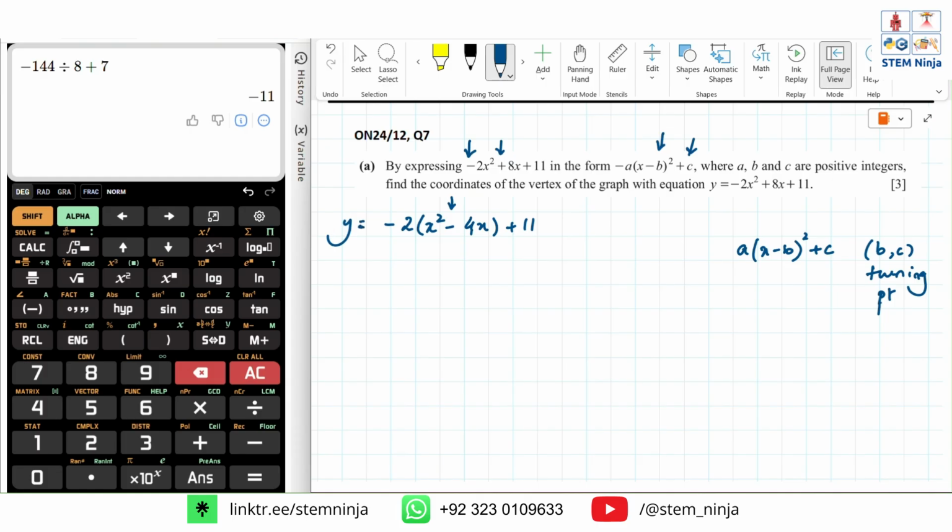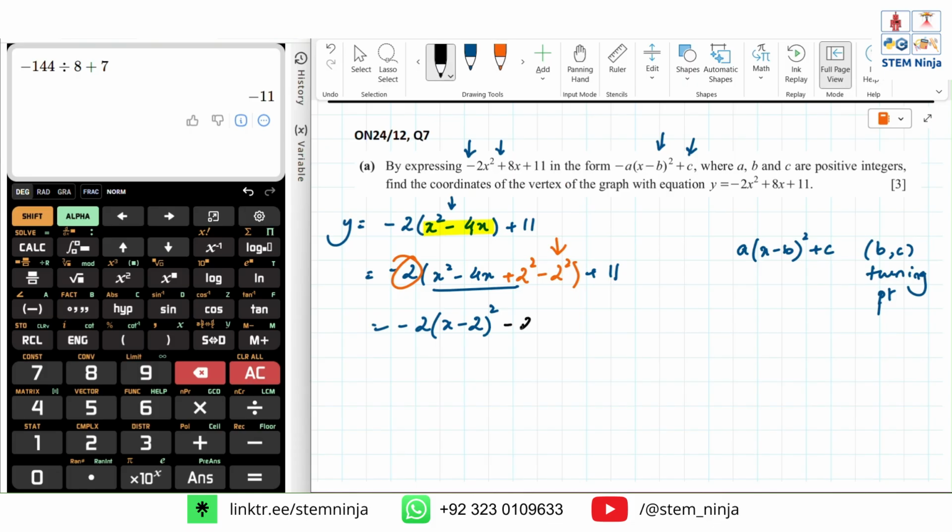Now we need to complete the square for this one, so minus 2 remains out, then x squared minus 4x. 4 divided by 2 is 2, so plus 2 squared minus 2 squared plus 11. Now, the first three terms we can combine in the form of x minus 2 whole squared. But remember, this minus 2 has to multiply with this minus 4 also.